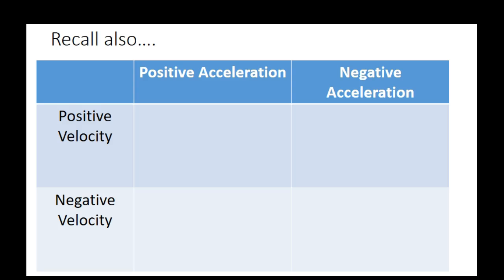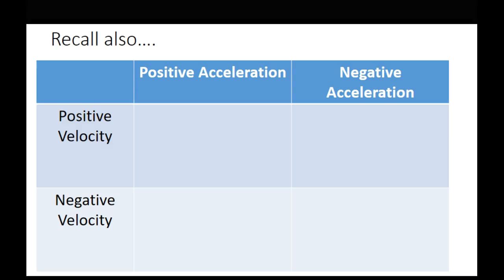And what if Heather lassos me with a rope and starts pulling me to the right? What's the acceleration? Positive. They're both positive. What's going to happen to my speed if that happens? Increase. It's going to increase. So whenever your velocity and acceleration are both positive, it increases the speed.